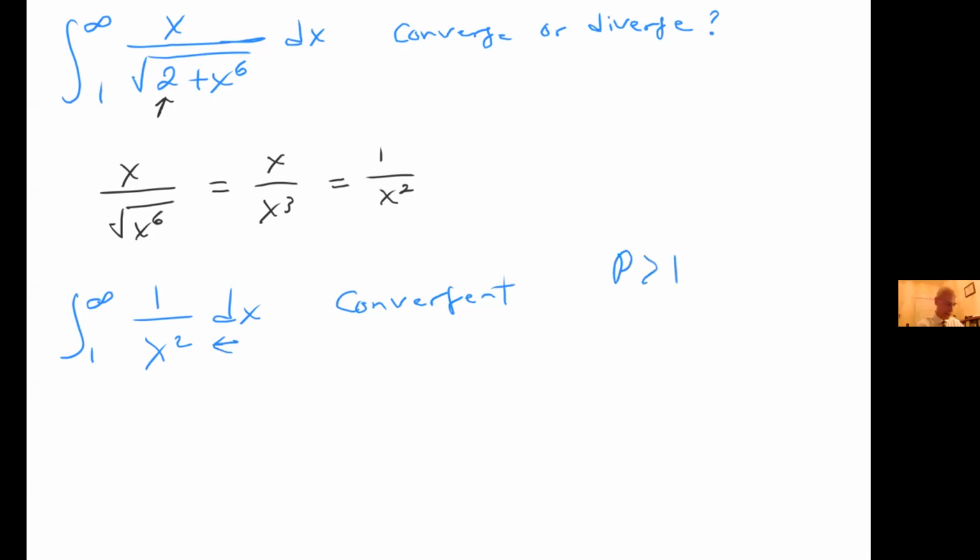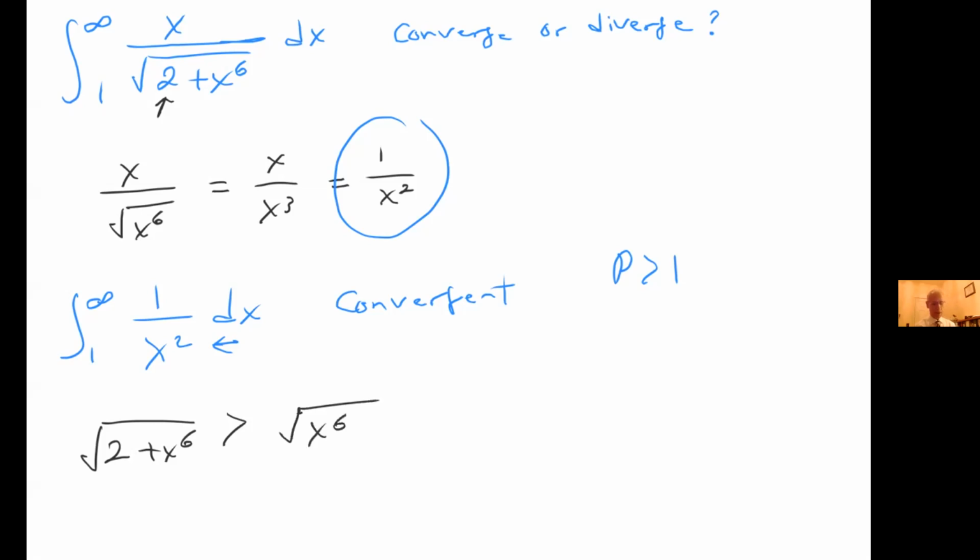So I know that this is converging right here. So let's use that fact. Let me change color. So here I hope you can agree that square root of 2 plus x to the 6th power is greater than just square root of x to the 6th.